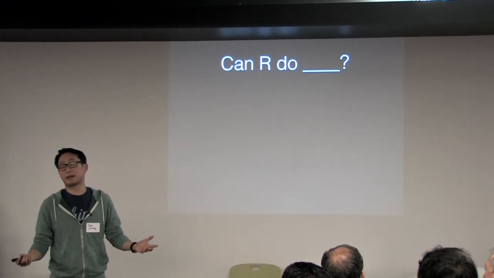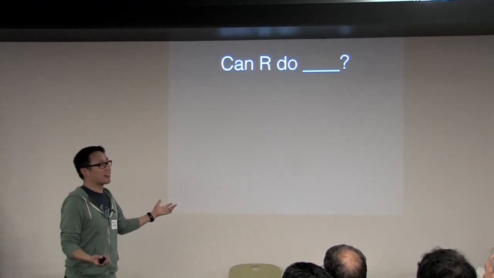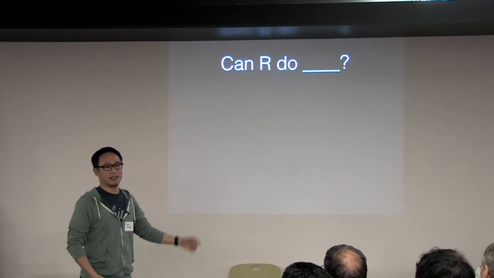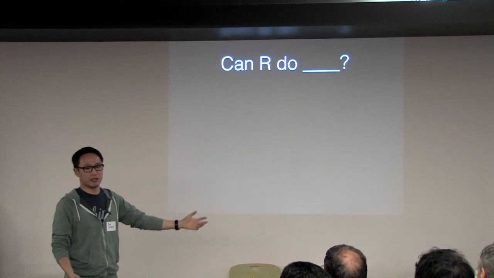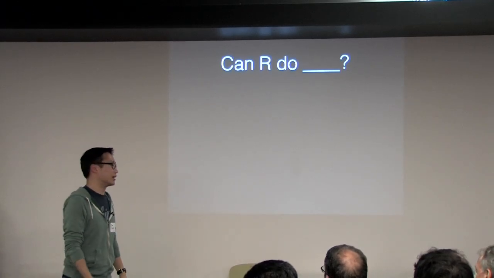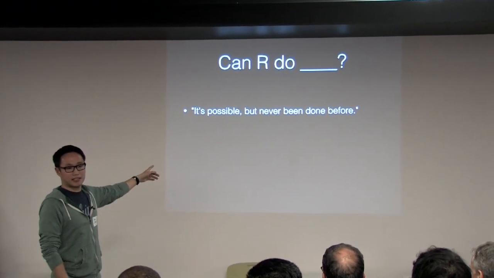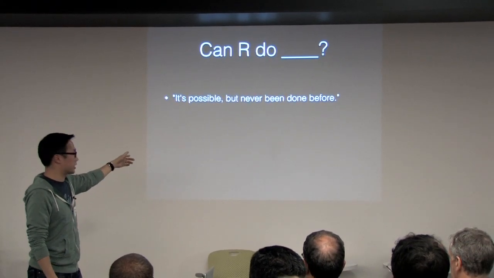I know a little bit about stats. I can't even give you an example of an X. But can R do some kind of statistical method? Before Shiny, can you build web applications in R? And the first time somebody asks this, the answer is, it's possible.